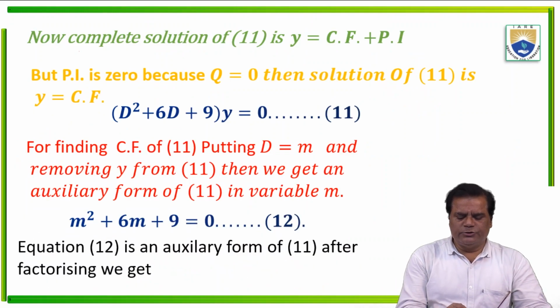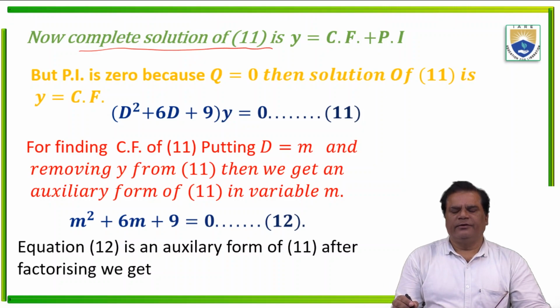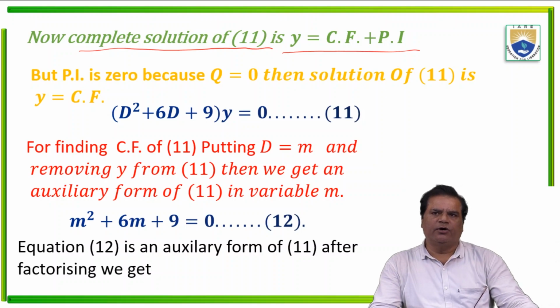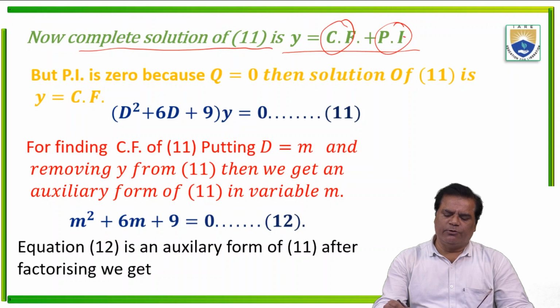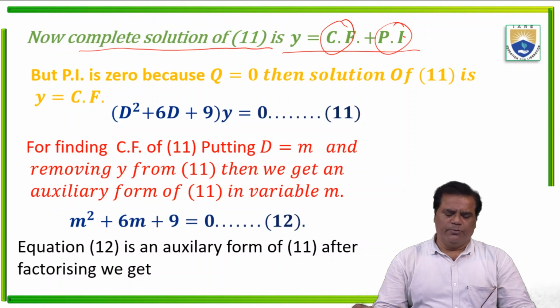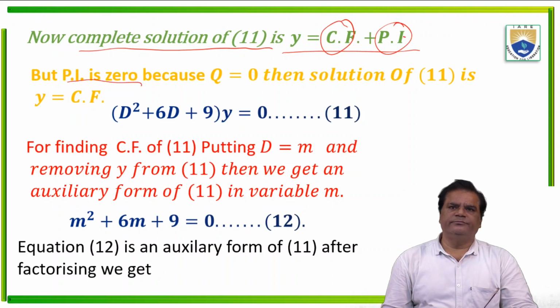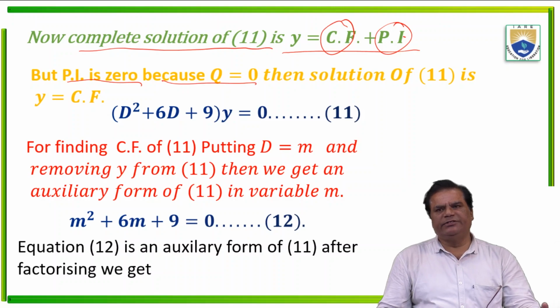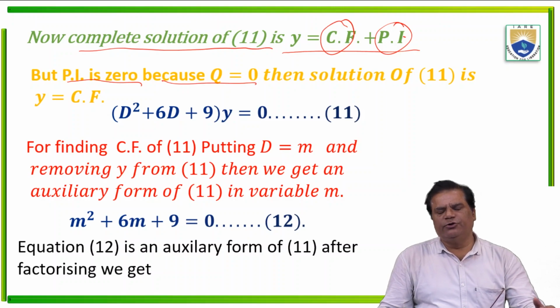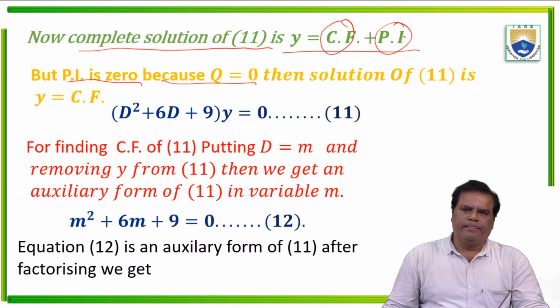Now, what is the complete solution of equation 11? y equal to CF plus PI, where CF is the complementary function and PI is the particular integral. But PI is 0 here because Q is 0. In our differential equation 11, Q is 0, meaning the right-hand side is 0.